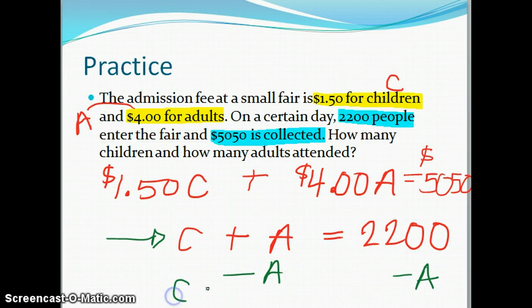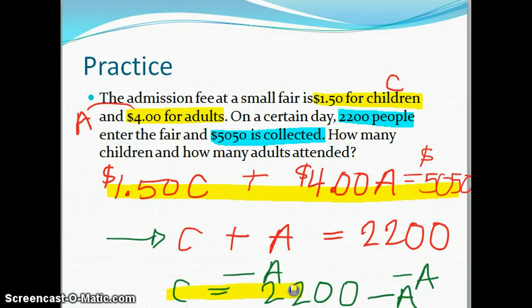You can see that the amount of children is going to be 2,200 people minus however many adults there are. And that's logical because if we have 2,200 people, some are adults, some are children. If we take away the amount of adults, all we have left is our children. So now I really have my two equations, my one here and my one down here, and I have one solved for a variable, so now I can substitute it in.